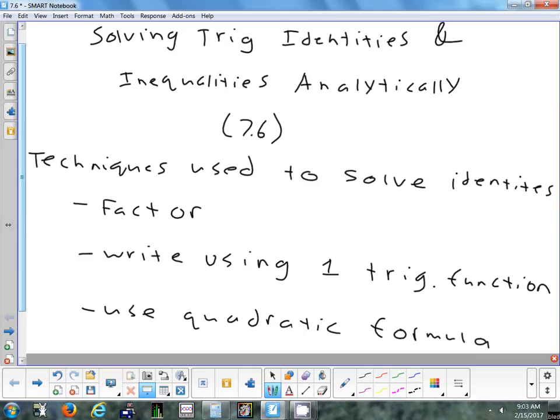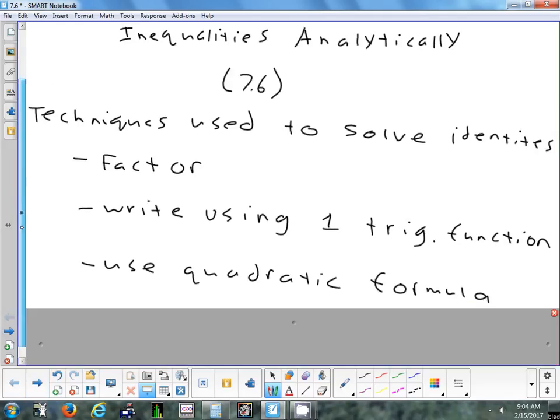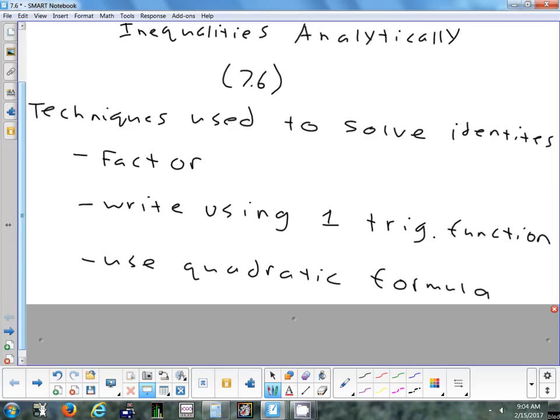If you get a problem that has different trig functions, like cosines mixed with sines, you can't do anything with that. You have to have all the same trig function. So we might want to think about how we can rewrite this using something else we know. Anytime you want to solve a trig equation, try to get it all in the same function.